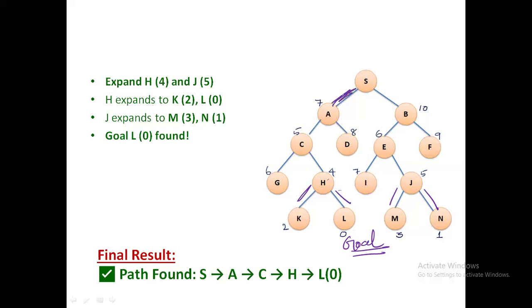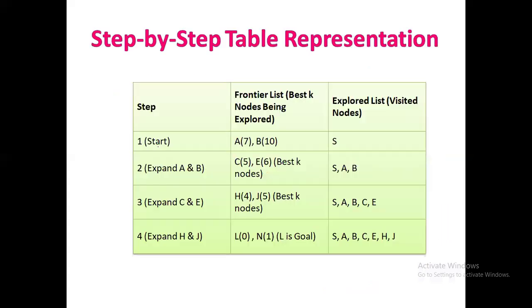S to A, then A to C, then C to H, H to L. This is the path: L of 0, we found it. S to A to C to H to L of 0. This path is found efficiently using local beam search, as it consistently selects the best two nodes based on heuristic values and avoids unnecessary expansions.